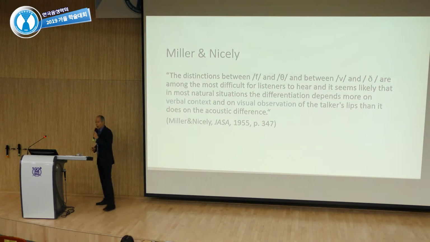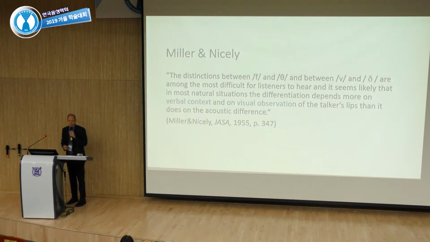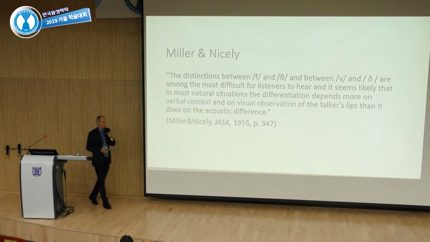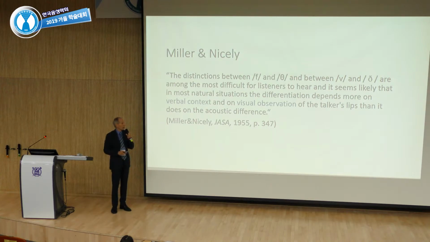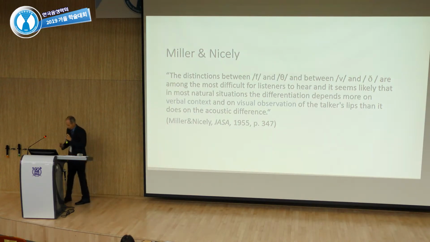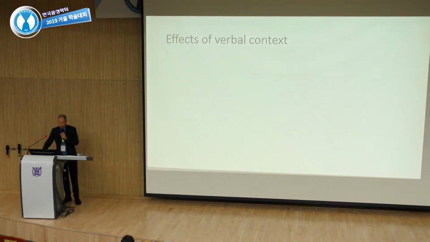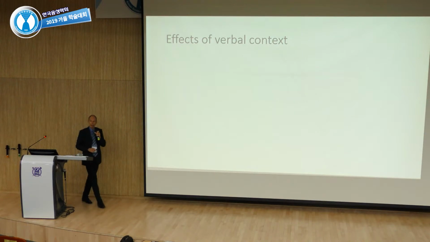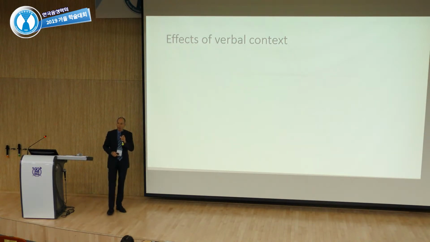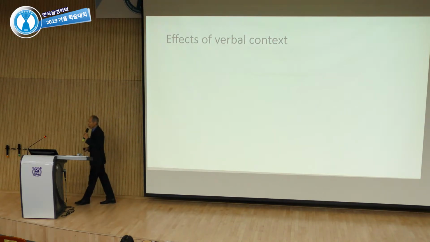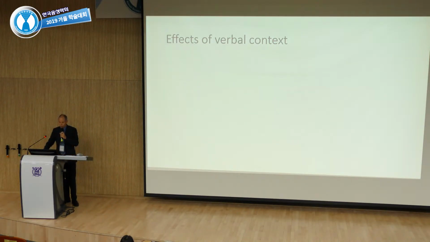So that's a claim that was made more than 60 years ago, but it actually wasn't investigated in very much detail until we started looking at it, also quite a few years ago, but not as far back as 1955. So, effects of verbal context, as Miller and Nicely mentioned. Nowadays we would say effects of linguistic context. Since 1955, a lot of psycholinguistic research has been done.